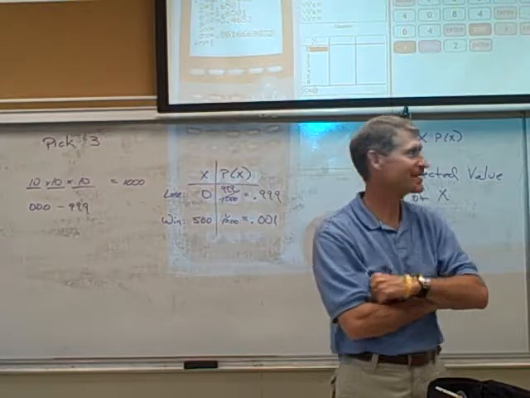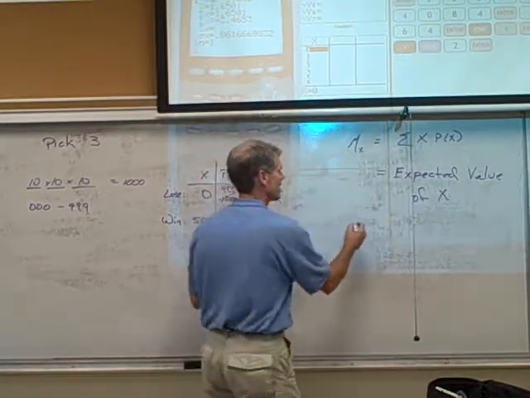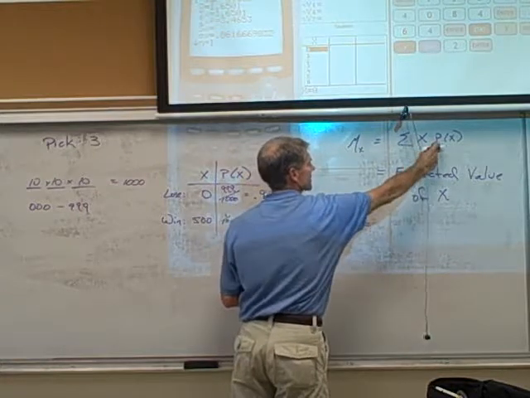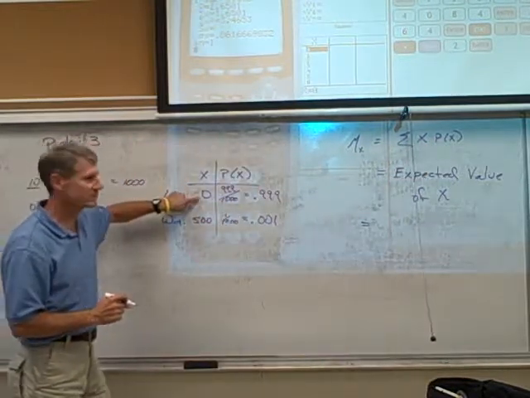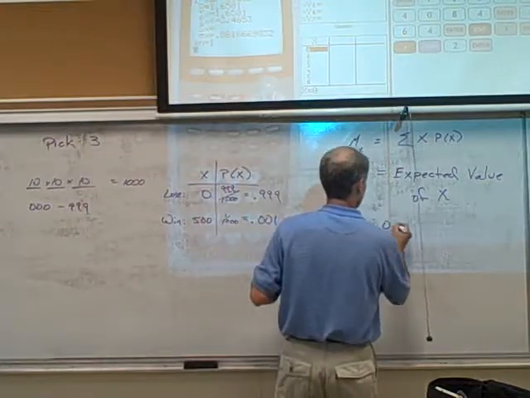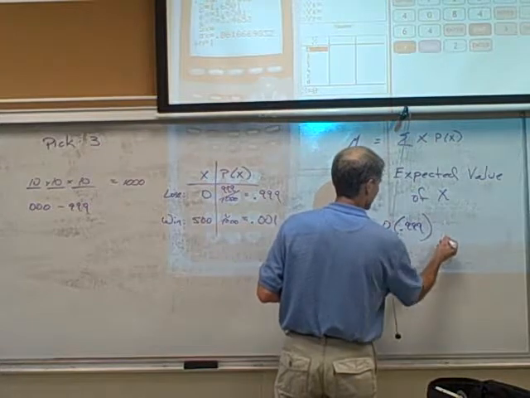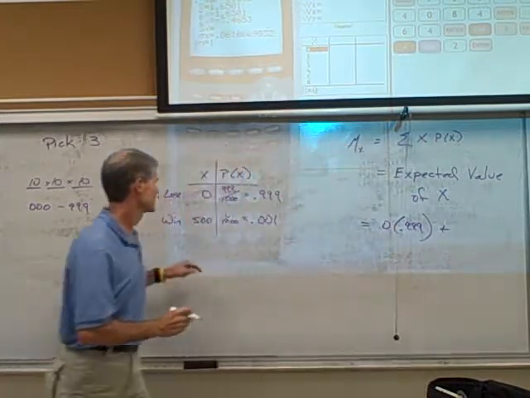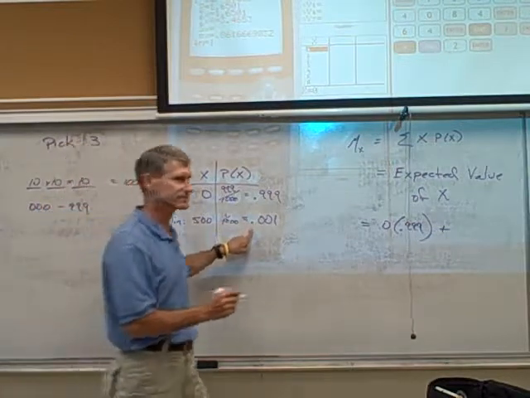It means the mean. So what they're asking is this. I have to sum up each value of x times its probability. So the first value of x is 0. I'll do that one. 0 times 0.999 is 0. Plus 500 times its probability.